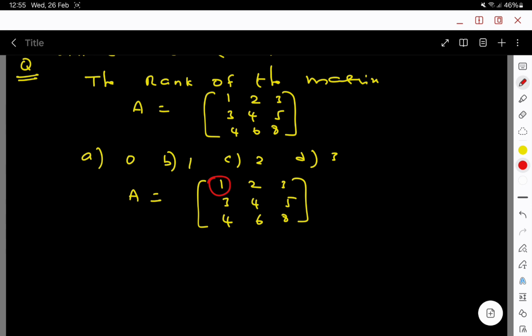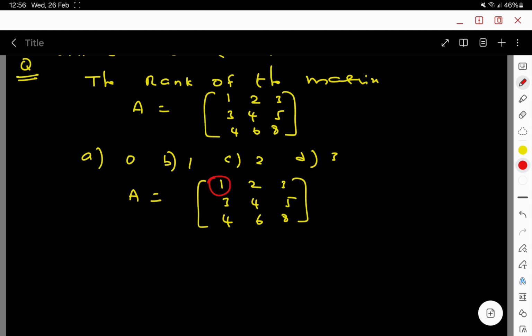Multiply the first row by 3 and subtract from the second row, the element 3 becomes 0. Similarly, multiply the first row by 4 and subtract from the third row. That is R2 implies R2 minus 3R1, R3 implies R3 minus 4R1, then 3 and 4 become 0.